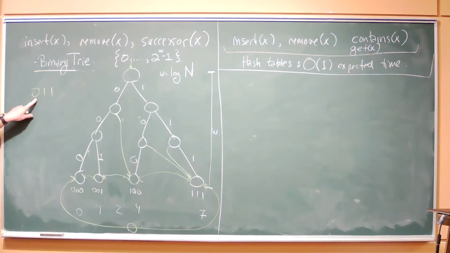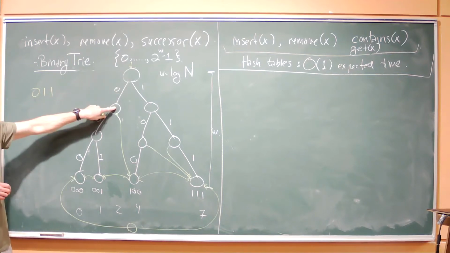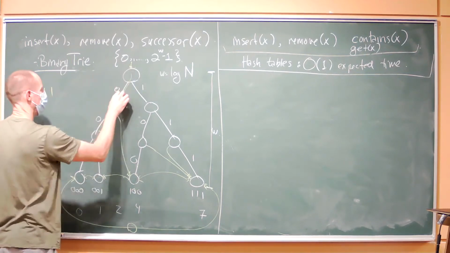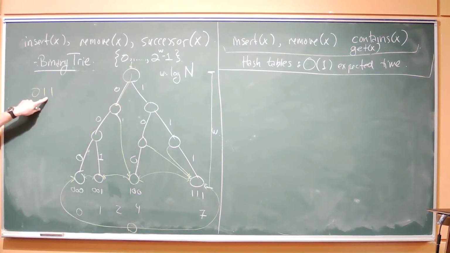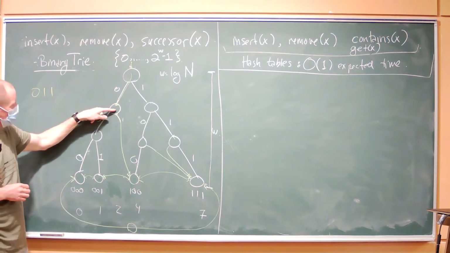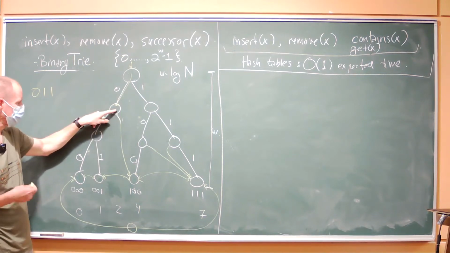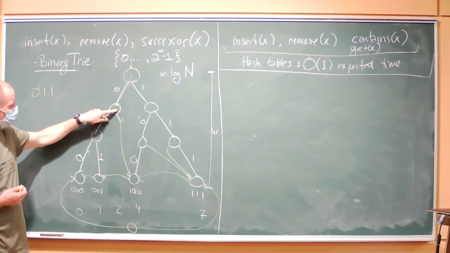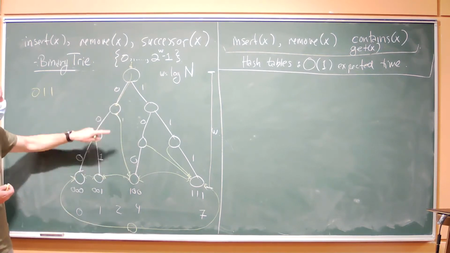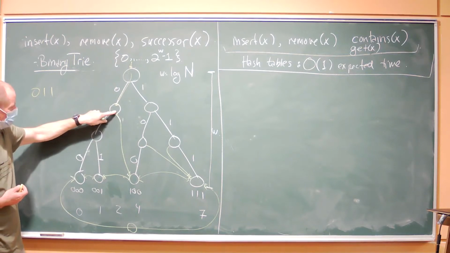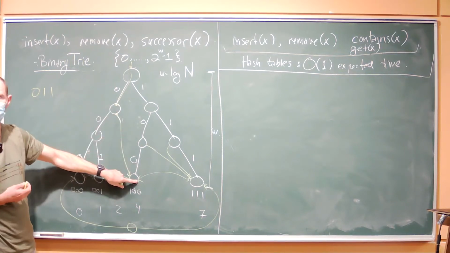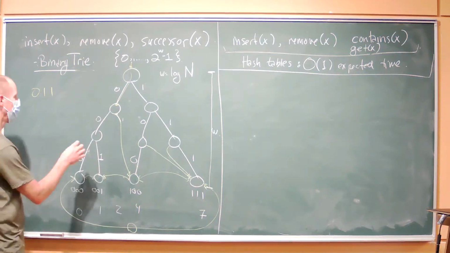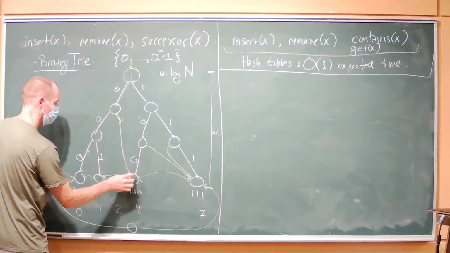The first bit of the number we're searching for is a 0, and the root has a child 0 edge, so we follow that. The next bit we're searching for is a 1. The node does not have an edge to a child labeled 1. Instead, it has one of these jump pointers. And when that happens, that jump pointer will actually point to the answer. So the jump pointer points to the successor.